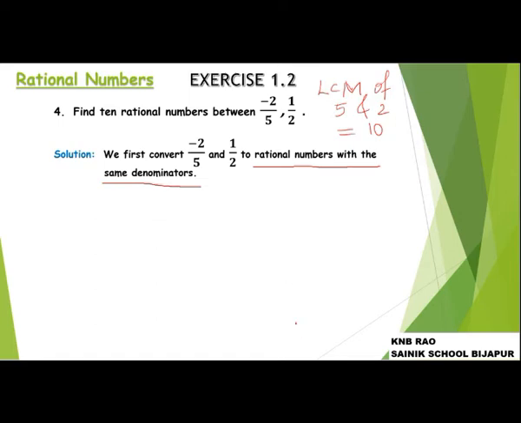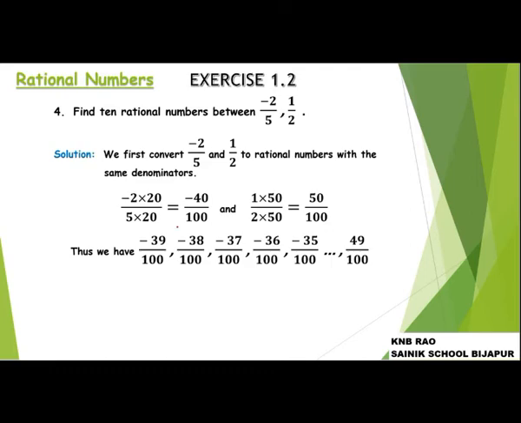Now what I am going to do? I will take a multiple of 10, that is 100. I will write minus 2 by 5 with the denominator 100 and 1 by 2 with the denominator 100. How to write minus 2 by 5 with the denominator 100? This denominator 5, how many times is there in that 100? That many times should multiply both the numerator and denominator.